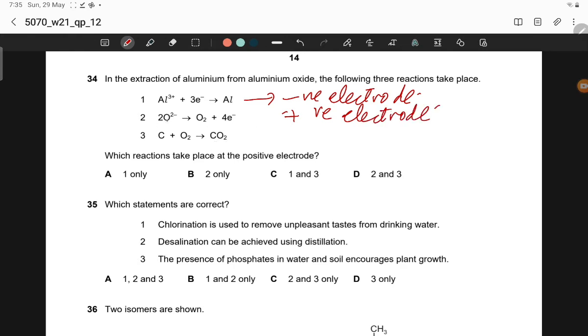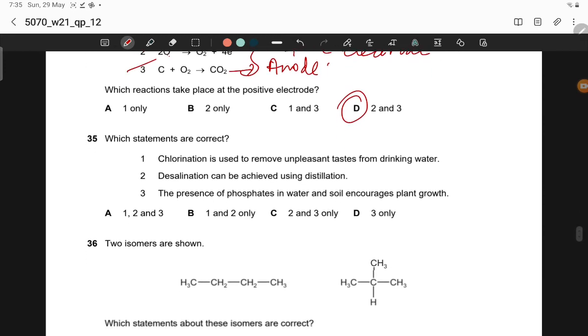So when oxygen gas is evolved, it starts reacting with the carbon anode, also at the anode. These two reactions at the anode are 2 and 3. So if statements 2 and 3 are correct, then option is D.